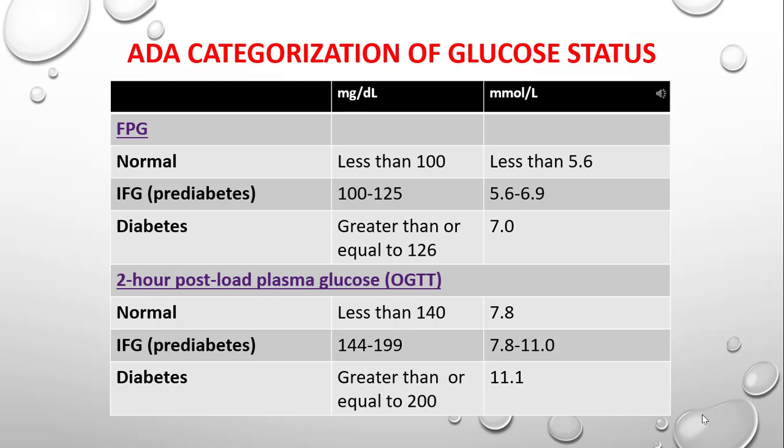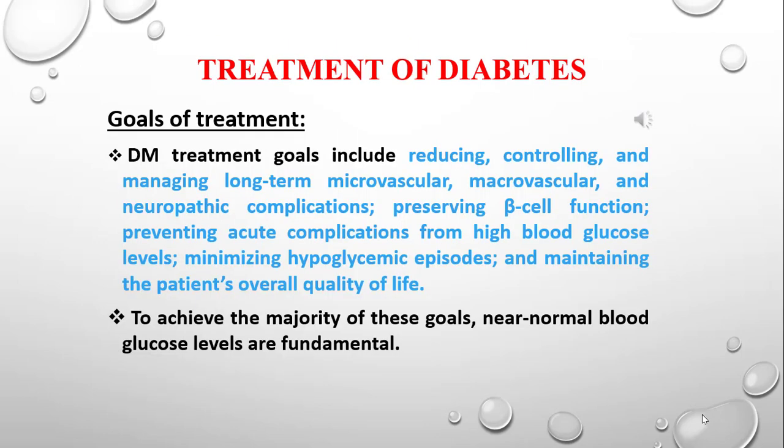And if the value is greater than or equal to 200 mg per deciliter, then the patient will be considered as diabetic. Okay, now move towards the treatment of diabetes.